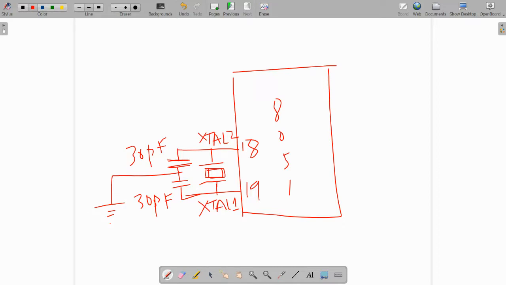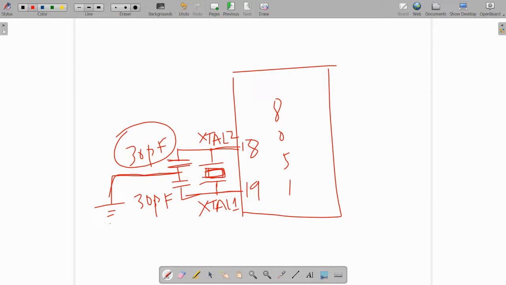Now whenever you are connecting two 30 picofarad capacitors, with the common grounded, see here, this is important. At pin number 18 and pin number 19, the crystal oscillator circuit is connected.